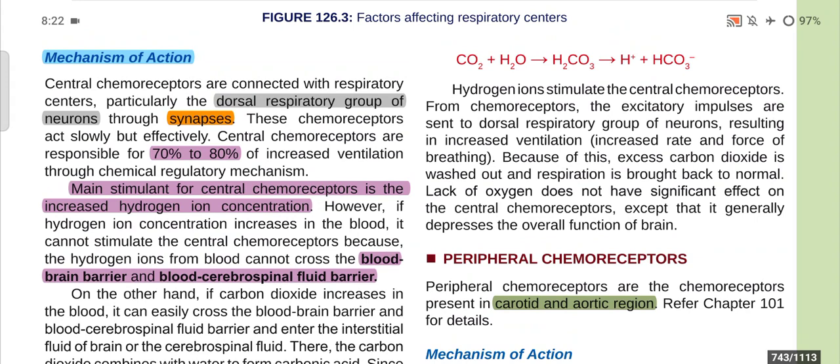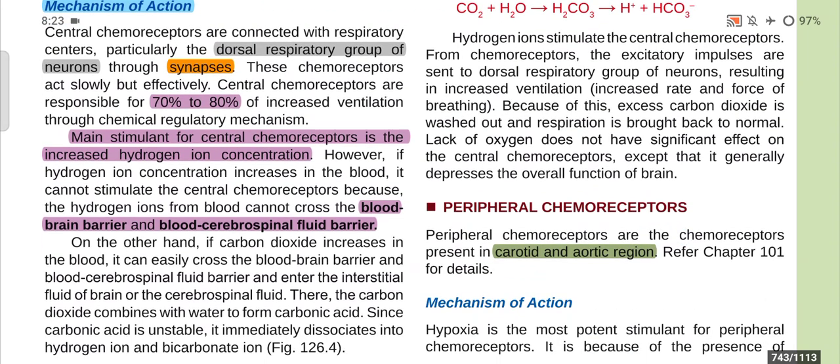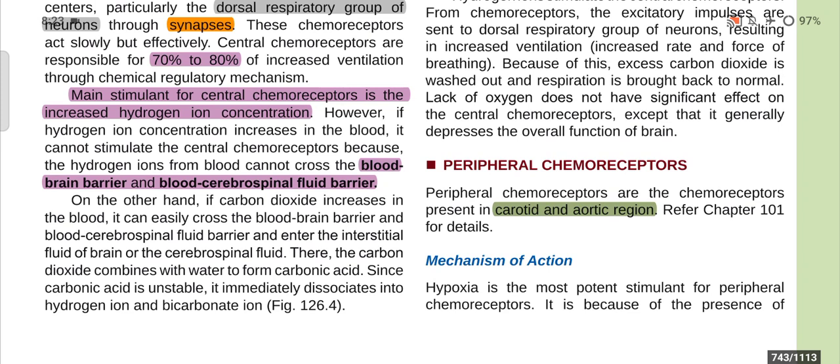However, if hydrogen ion concentration increases in the blood, it cannot stimulate the central chemoreceptor because the hydrogen ion from the blood cannot cross the blood-brain barrier and blood-cerebrospinal fluid barrier. On the other hand, if carbon dioxide increases in the blood, it can easily cross the blood-brain barrier and the blood-cerebrospinal fluid barrier and enter the interstitial fluid of the brain or the cerebrospinal fluid, CSF.